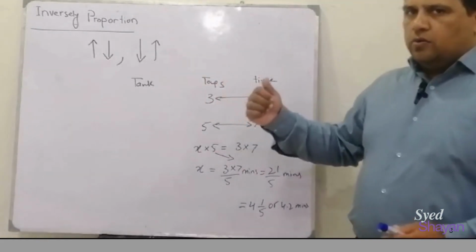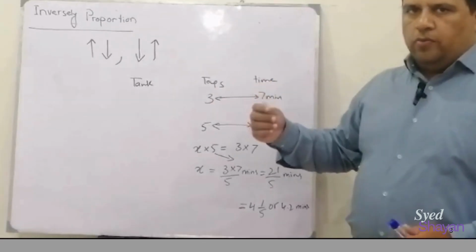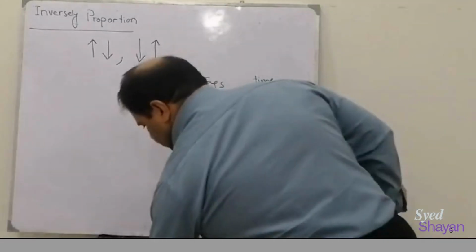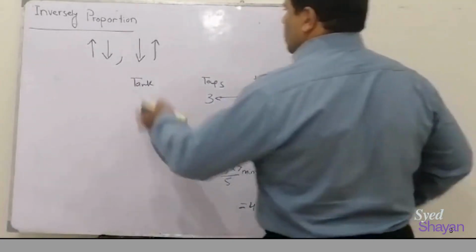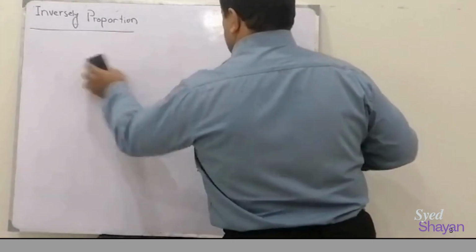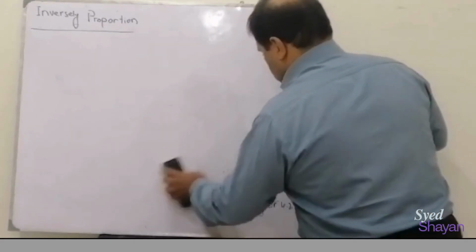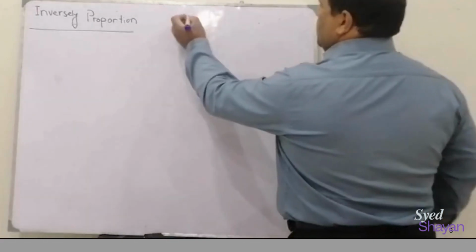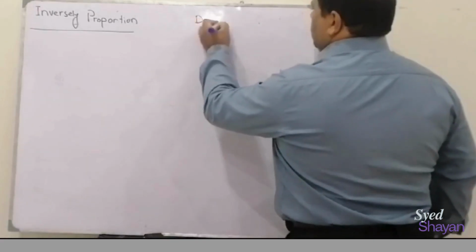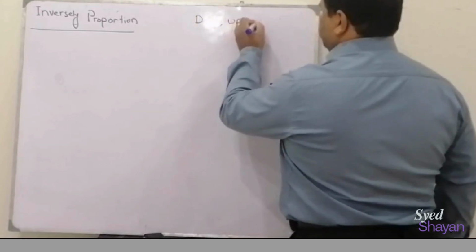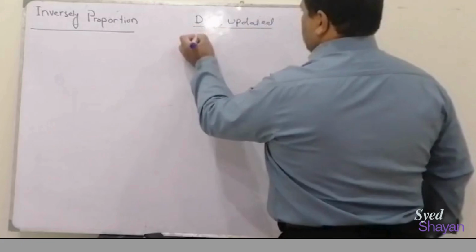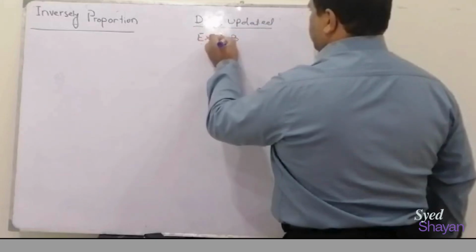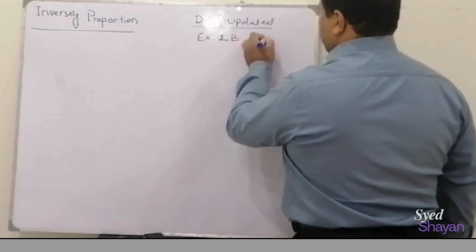Now let us take one more question from the D series as an example. Let me show you. This question is basically from D2 updated, exercise 2B, and question number 4.